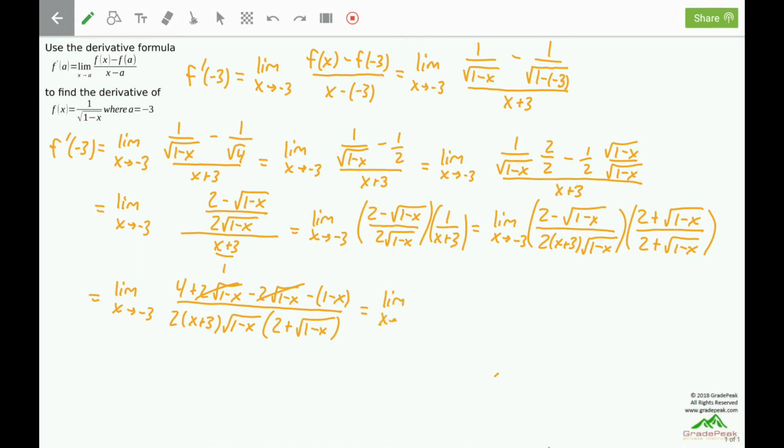Now, in the numerator, we have a negative sign that we can distribute. Let's do that. And that will give us limit as x goes to negative 3 of 4 minus 1 plus x over this denominator.